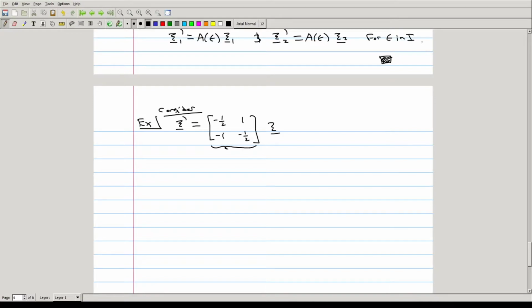This is our matrix A. Step 1 is to set up the characteristic polynomial P of lambda, which will be the determinant of A minus lambda times the identity matrix, which will be -1/2 minus lambda times -1/2 minus lambda minus -1 times 1.